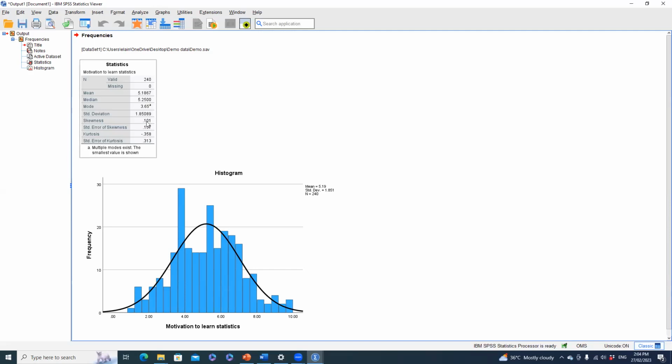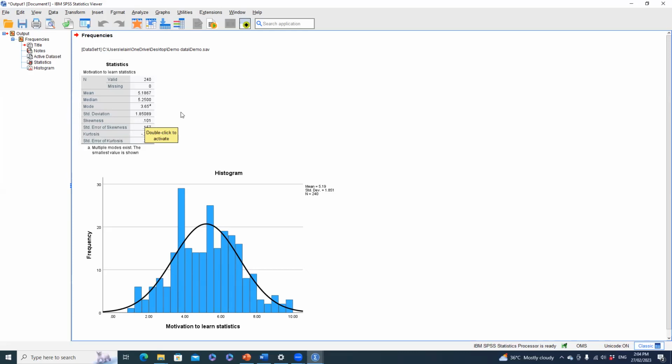Now, we also have here a measure of skewness and also a measure of kurtosis, and what we call standard errors associated with those statistics. So the skewness, the standard error of the skewness, kurtosis, standard error of the kurtosis.